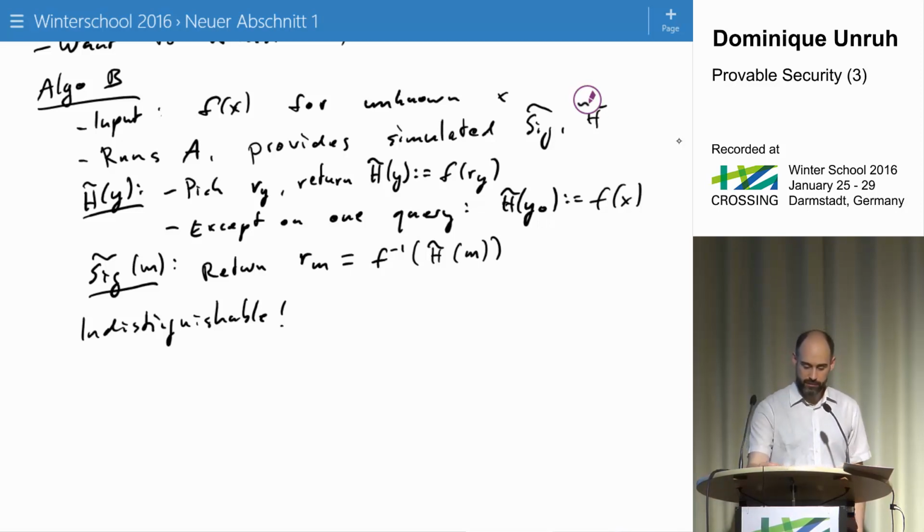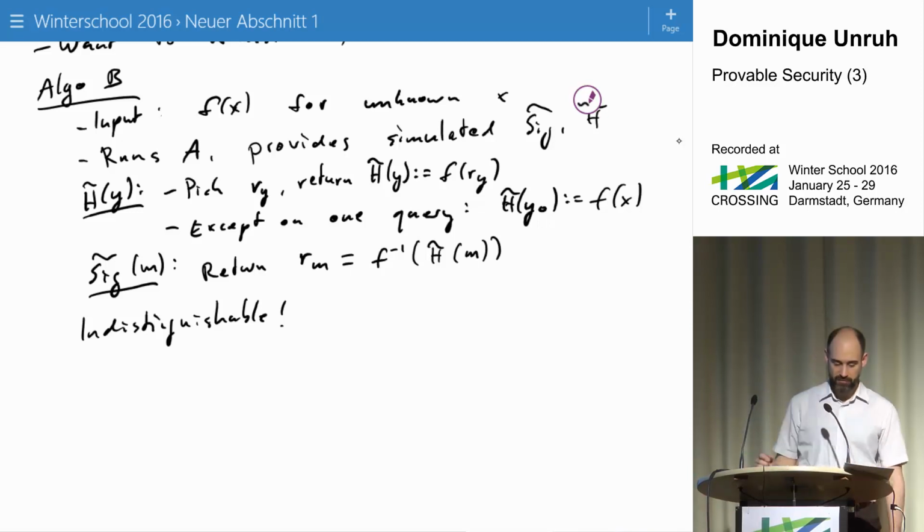So this thing here we did not do for breaking something, but in order to be able to produce the signing oracle, because we can't evaluate f to the minus 1, so we need to construct all random oracle values such that we already know f to the minus 1 of that oracle value. And this query will be used in a moment for actually getting the inverse of f.